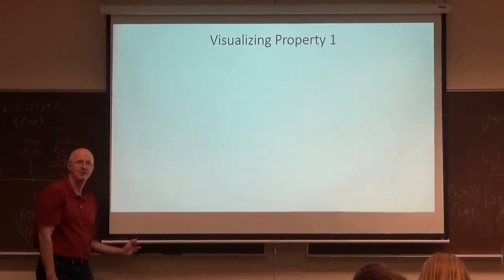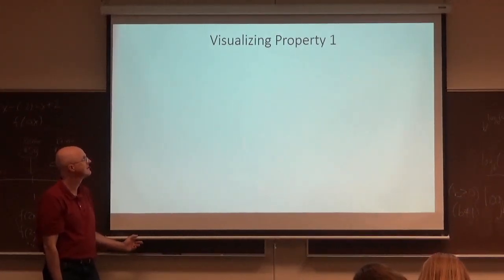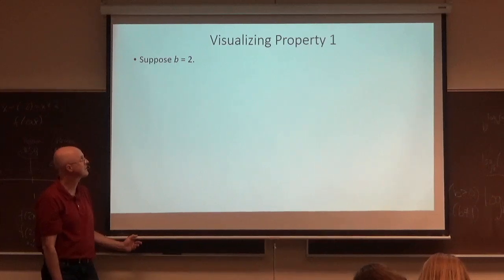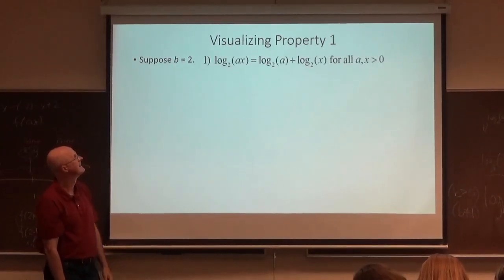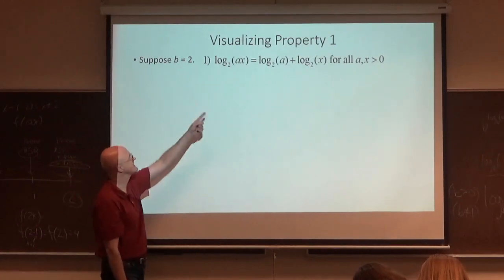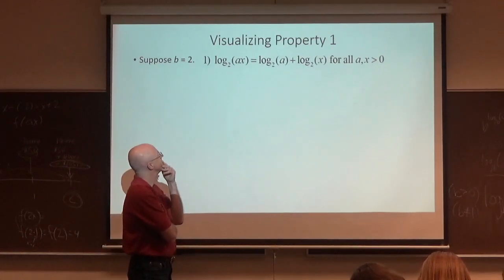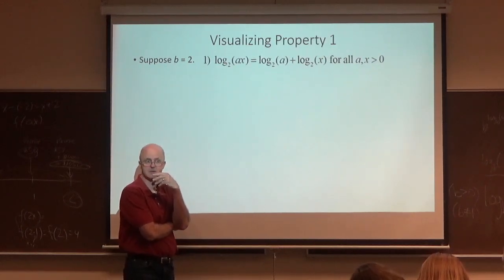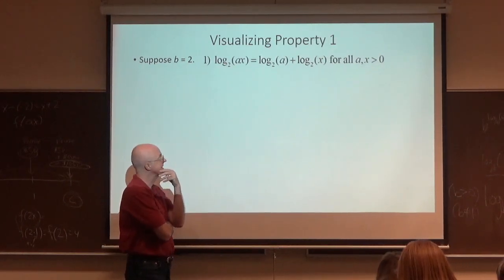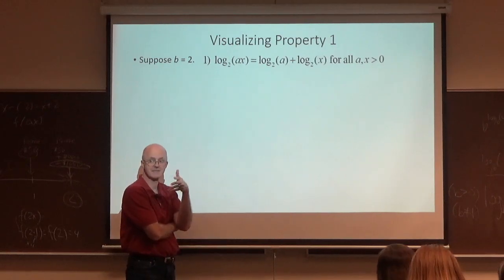You can visualize property 1, the same property we just proved, say in the case where b is 2, so we're talking about log base 2. In that case, you could say this is true. Using different letters now, no capital A and capital B anymore, but little a and little x. Think of little a as a constant and little x as a variable.